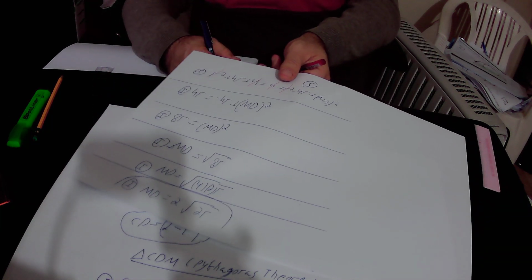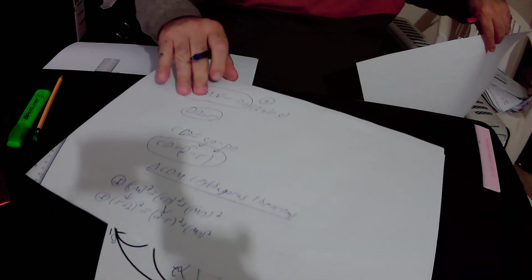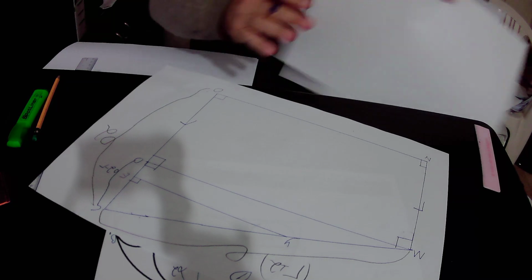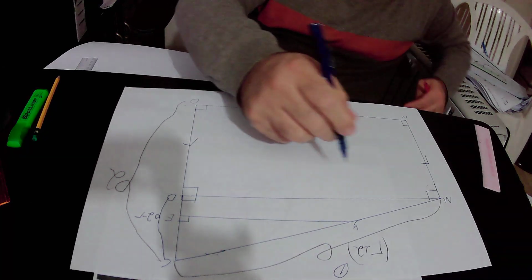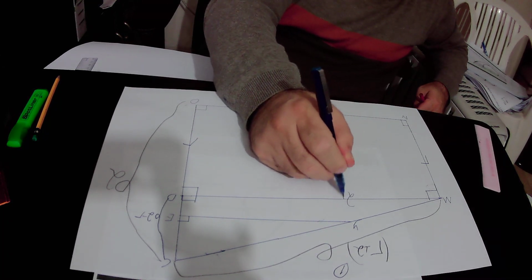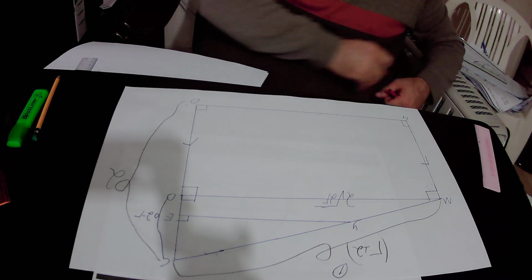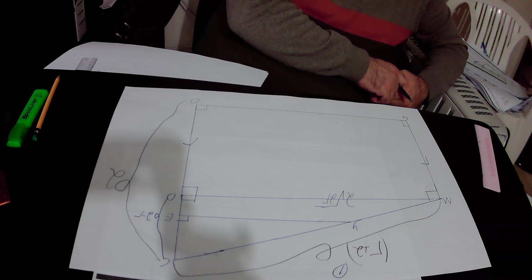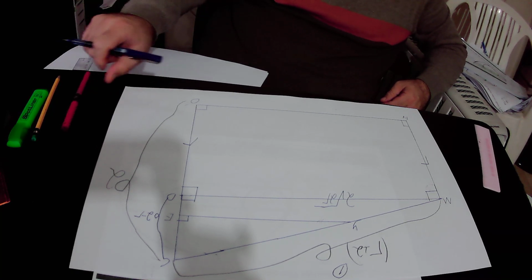Okay, so we can write here that MD equals 2 times the square root of 2R, and we have rule number 3 that states that the opposite sides of a rectangle are equal to each other.